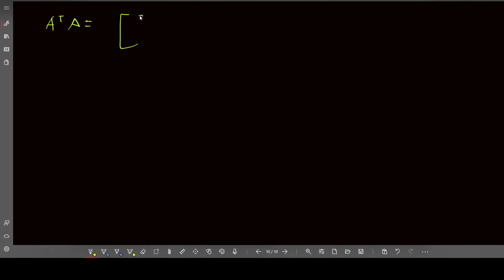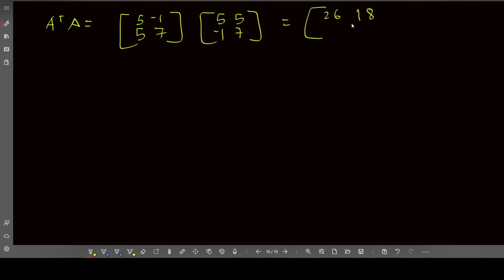A transpose is 5 minus 1, 5, 7. And A is 5, 5 minus 1, 7, right? So when you multiply it, you will get 25 plus 1, 26. Then 25 minus 7, so that's 18.